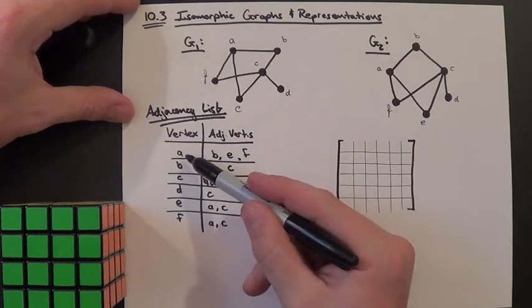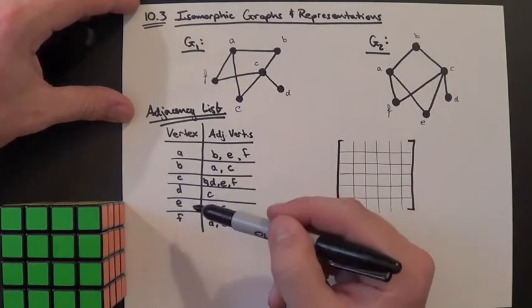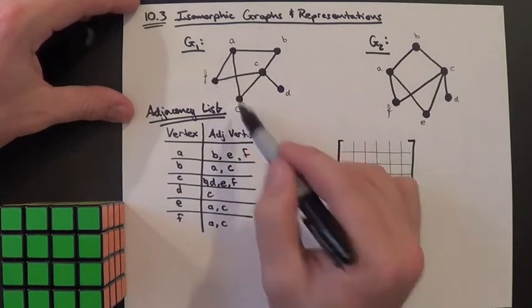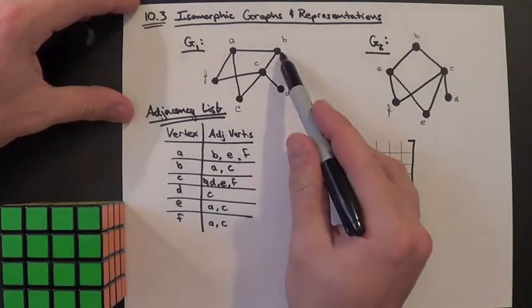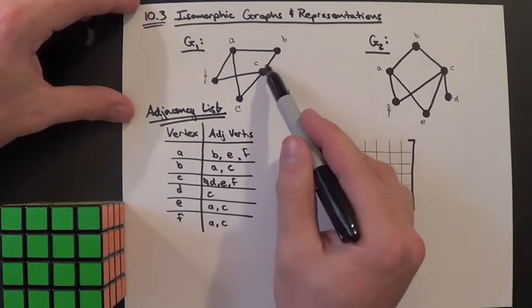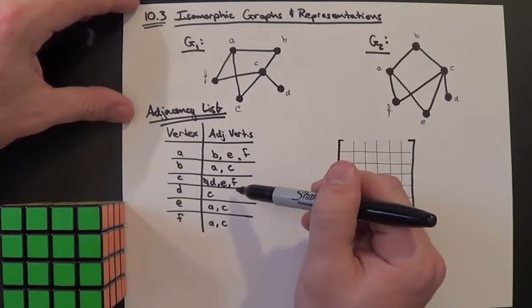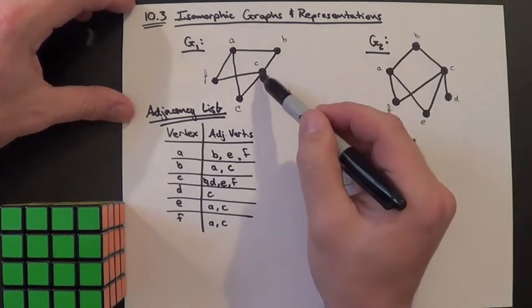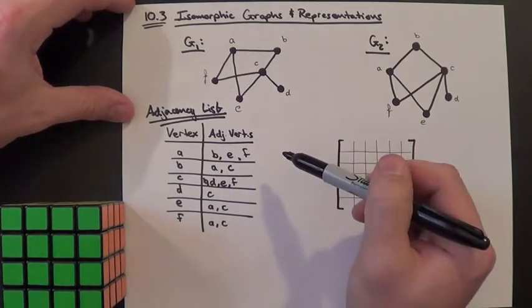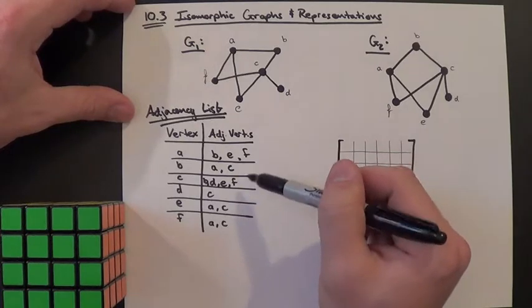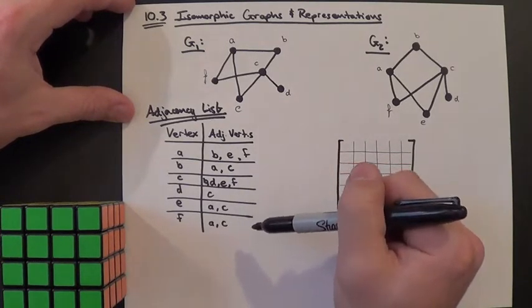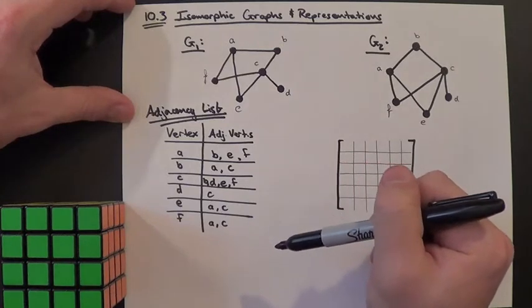So, adjacent to the vertex A, we have the vertices B, E, and F. Adjacent to B, we have the vertices A and C. Adjacent to C, I know it's kind of hard to see, we have B, D, E, and F, and so on. So each connection is listed here, not as an edge, but rather as an adjacent vertex.